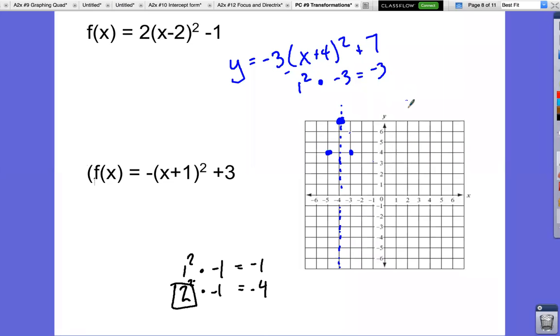Now, if I took 2 steps over from the vertex, so I'm basically finding that other value, 2 squared is 4 times -3 is -12. So from the vertex, if I go over 2, I go down 12.